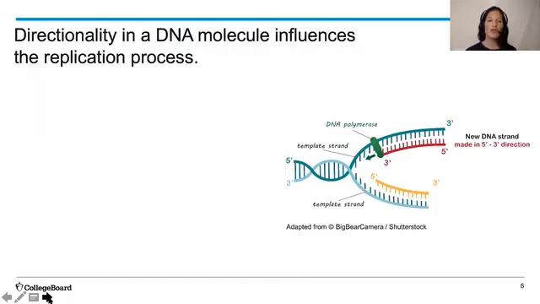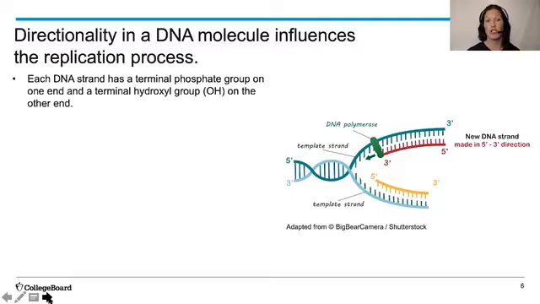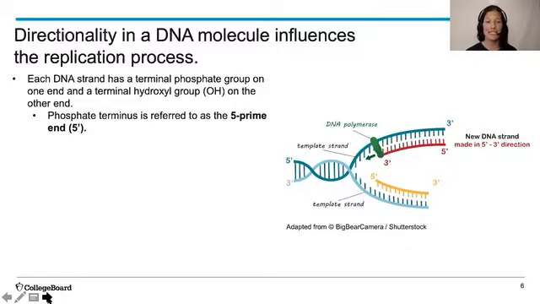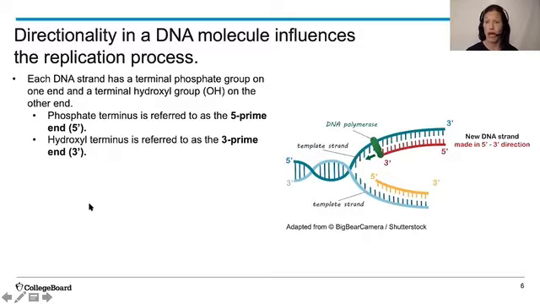So I mentioned directionality. The directionality of this molecule really strongly influences the replication process. We know from previous lessons that the DNA strand has a terminal phosphate group on one end and a terminal hydroxyl group on the other end. We refer to the phosphate terminus as the 5' end, and the hydroxyl terminus as the 3' end.